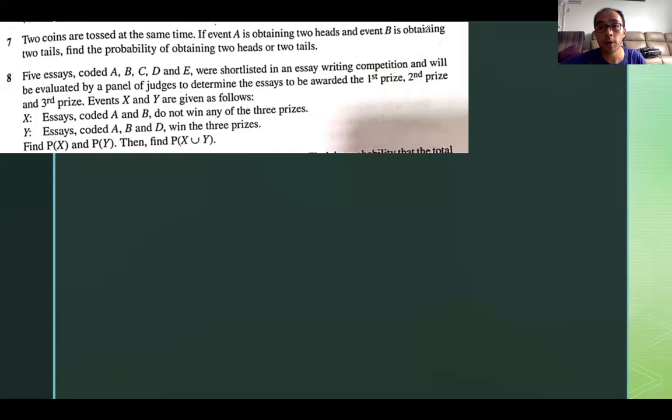Okay, so this is a pretty standard SPM question. But actually it involves permutation and combination. So you have 5 essays, but you only want to choose 3 to win the 3 prizes.